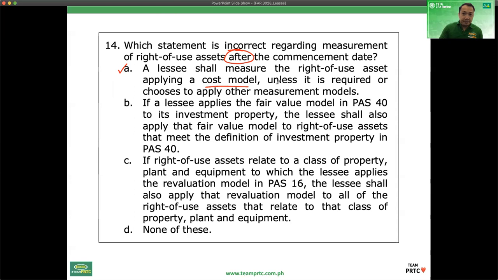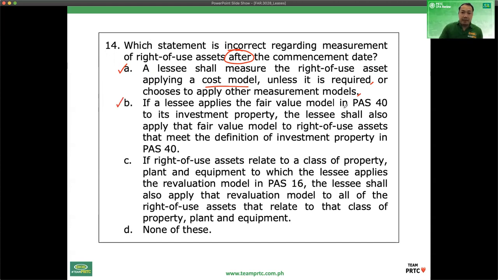Unless it is required, okay, or chooses to apply other measurement models. And what are those other measurement models? Okay, these are the fair value and revaluation models. So B is also correct.